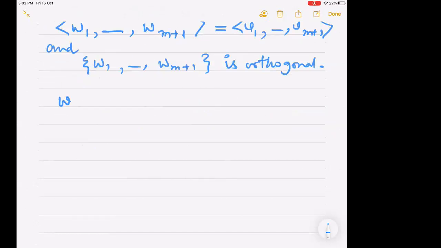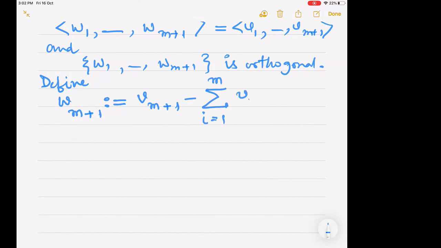Define Wm plus 1 as Vm plus 1 minus the summation i going from 1 to m of the dot product of Vm plus 1 with Wi, divided by Wi norm squared, times Wi. Define Wm plus 1 like this.